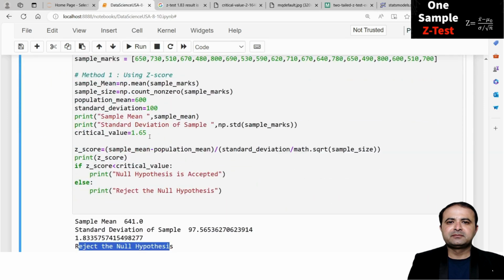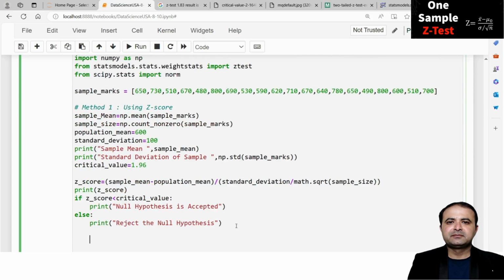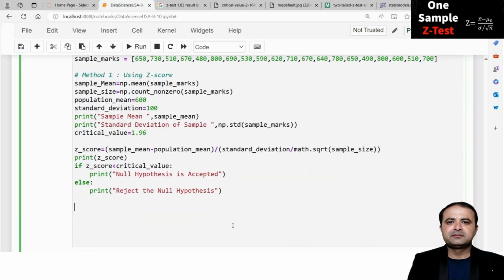You can see I have applied so much hard work in this particular area, hard coded. So now I want to apply the built-in function in Python.